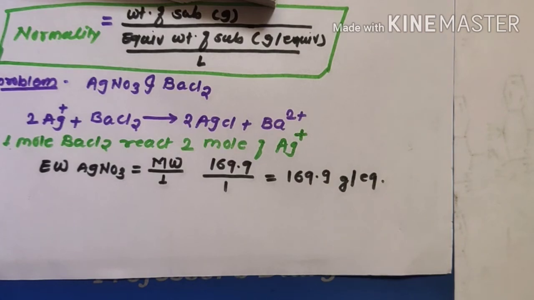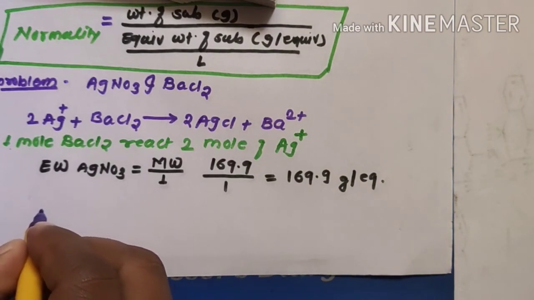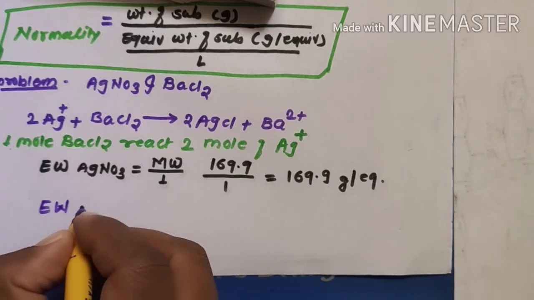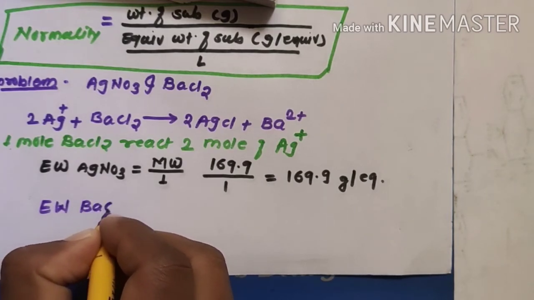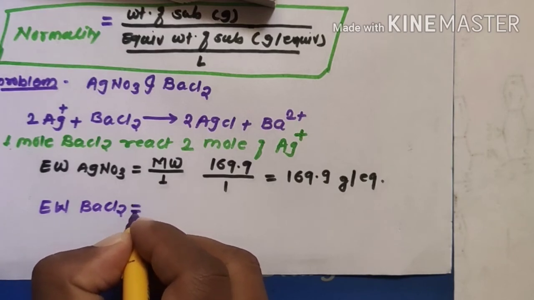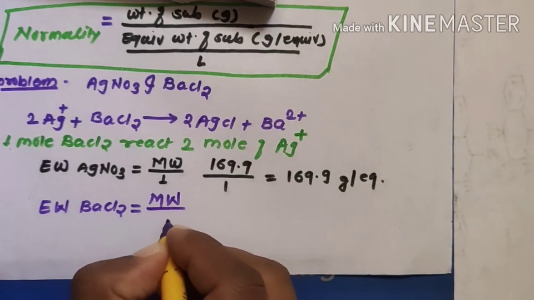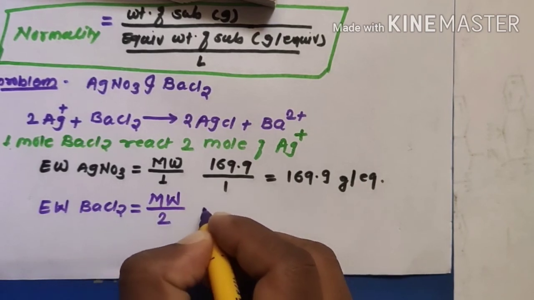The equivalent weight of BaCl2 is equal to molecular weight divided by 2.